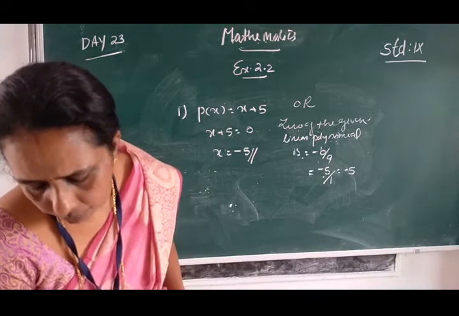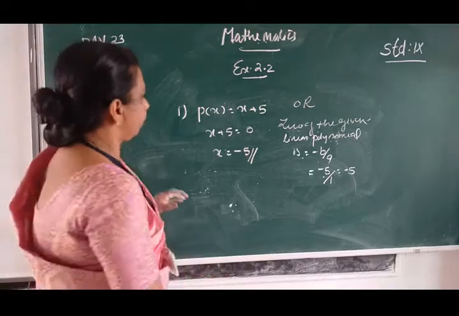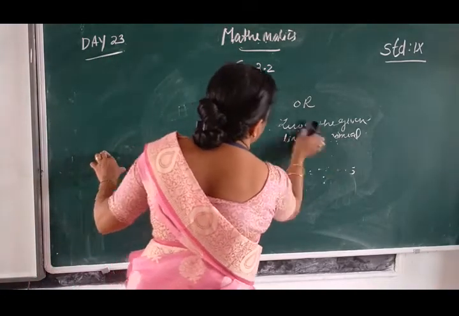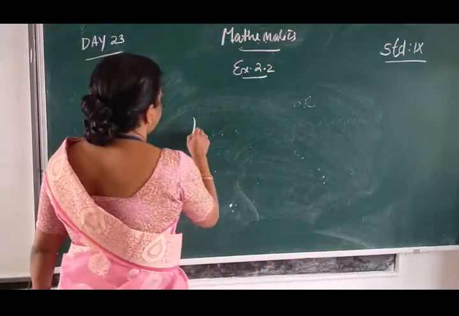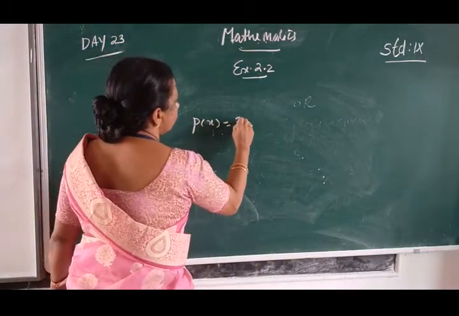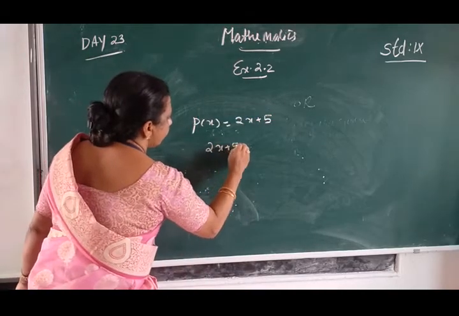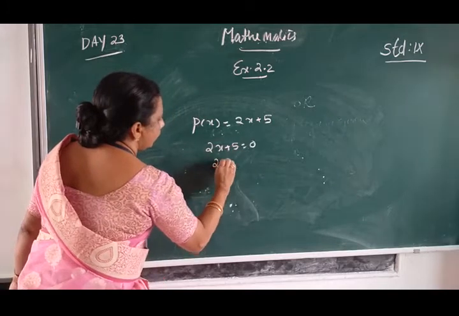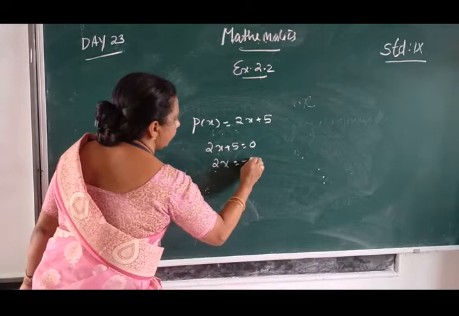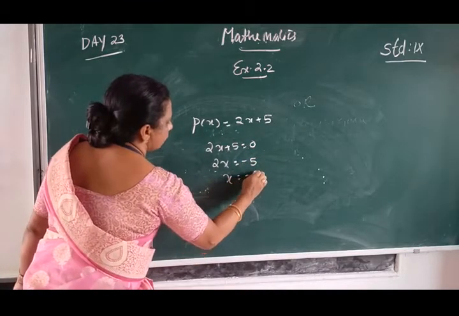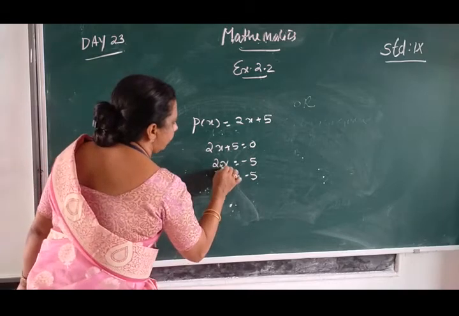Then second one, homework, that is very easy. Then third one, p of x is equal to 2x plus 5. Equating 2x plus 5 equal to 0, then 2x is equal to 0 minus 5, minus 5. X is equal to minus 5 by 2, 2x means 2 into x, divided by 2.